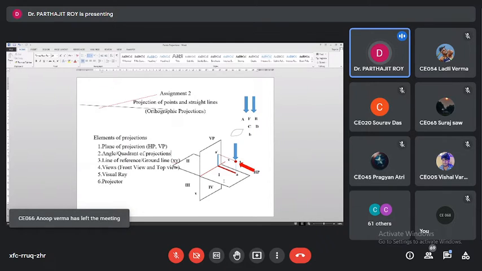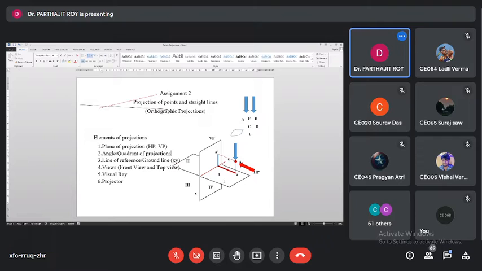So you have two projectors. One projector will be on the vertical plane, another projector will be on the horizontal plane. The horizontal projector you will be getting when, if you drop a perpendicular on the reference line XY from the top view on the horizontal plane, that is one projector.